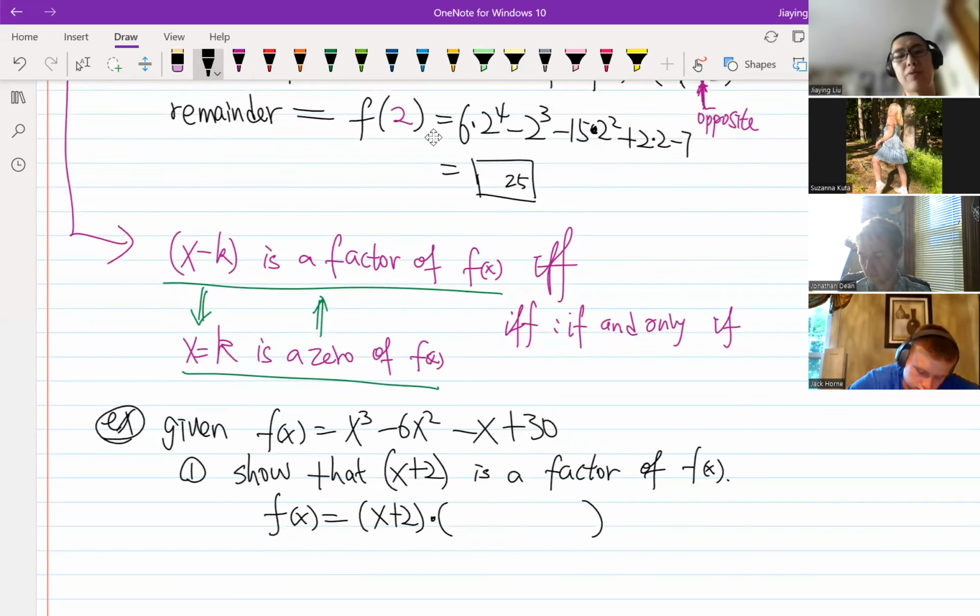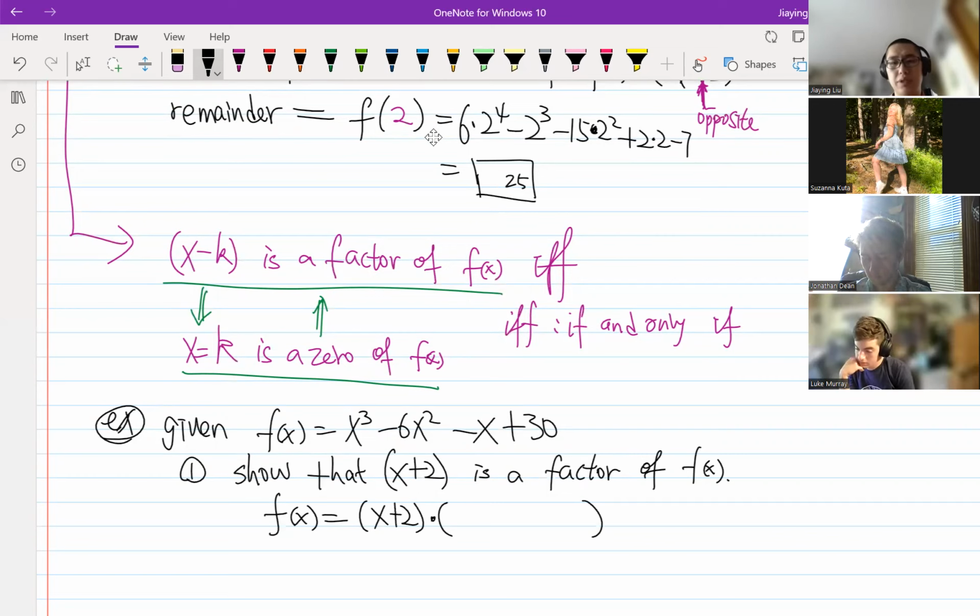We don't know that yet, but we just want to show that's true. That's no remainder. So if x plus 2 is a factor, which means x equals negative 2 is a 0, then if we evaluate f of negative 2, we should end up with a remainder equals 0.